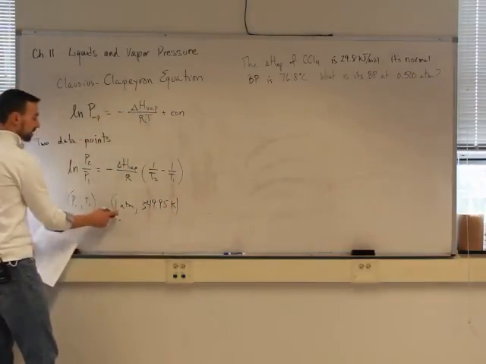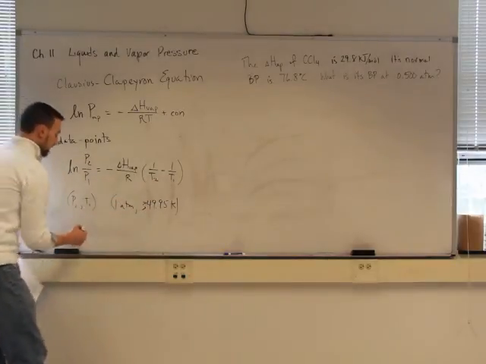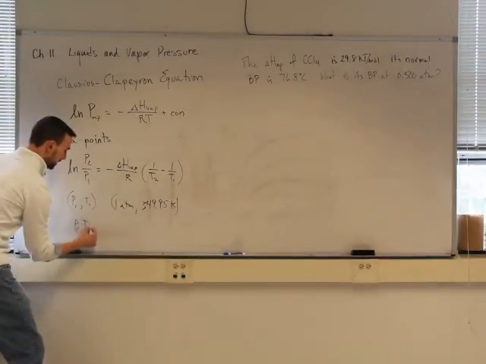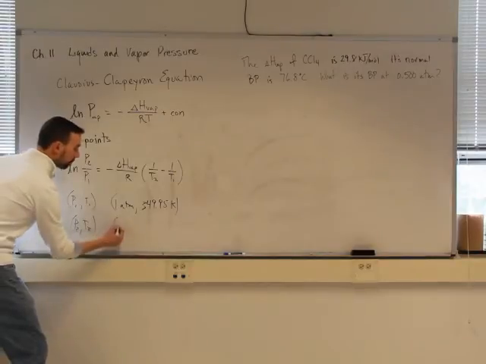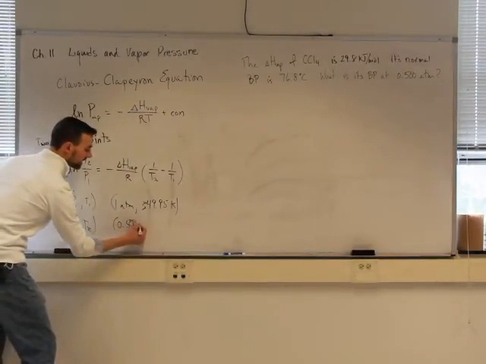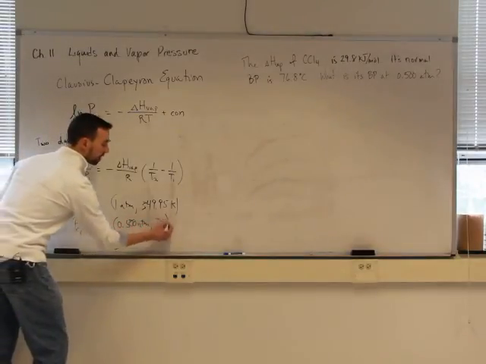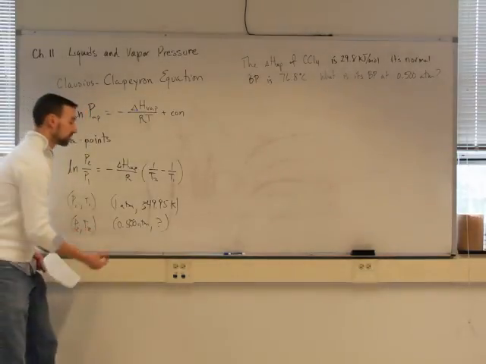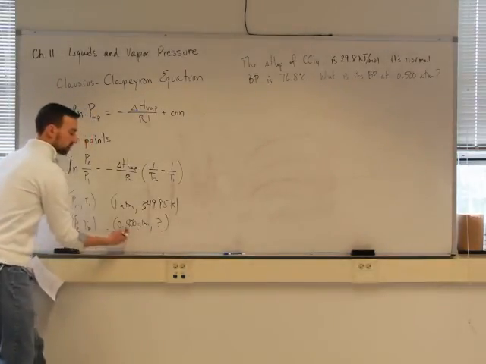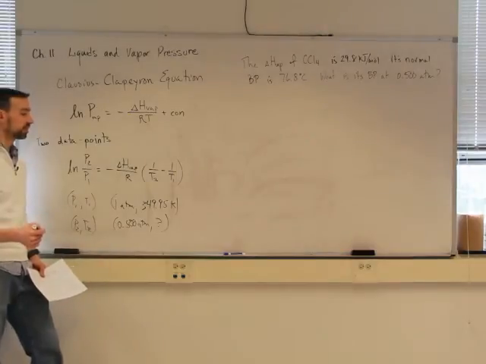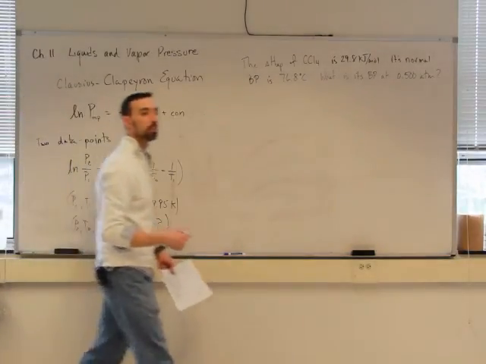So these can be our P1 and our T1. And then P2, T2, we know P2, we're defining it as half an atmosphere, but we're not sure about T2. So what temperature would go with this atmospheric pressure to allow this carbon tet to boil?